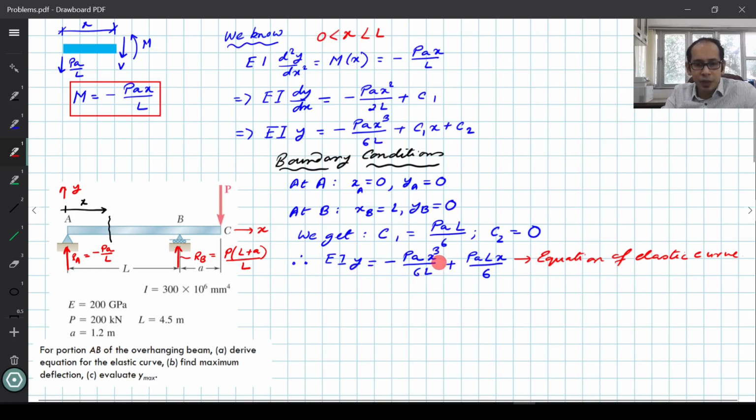So that will give me the location x in the beam where I can expect my deflection y in the region AB to be the maximum. So let's go ahead and take the derivative and equate it to 0, and let's see at what point in the region AB I have the maximum amount of deflection.